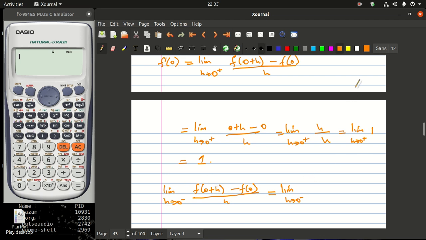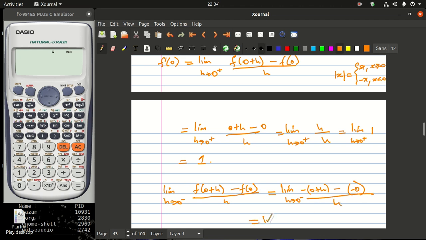Take note that the absolute value of x is just the same as x if x is greater or equal to 0, and then we have minus x if x is less than 0. So once you pick a value on the left of 0, it's going to be a negative value, so we are falling on it here. So this whole thing will need to be plugged in here. So I'll have minus times 0 plus h, and then minus, and then here I'm plugging in 0, and then I divide by h.